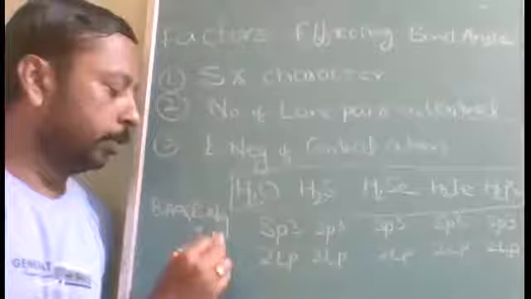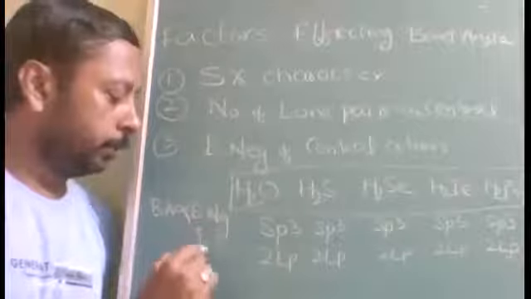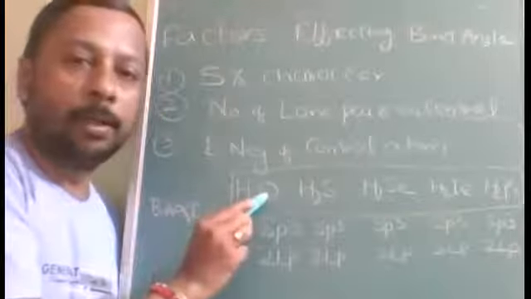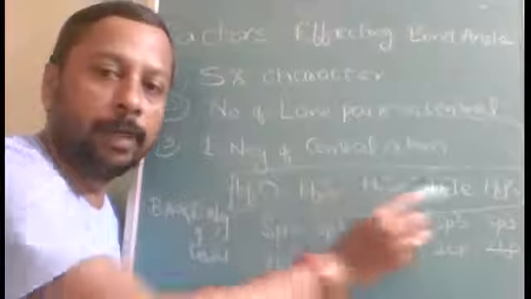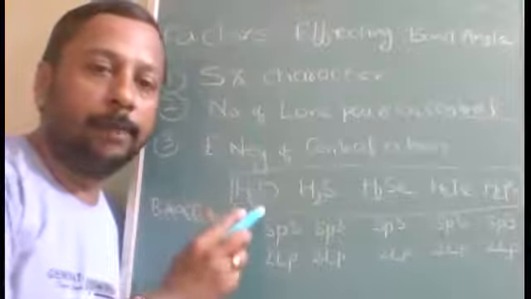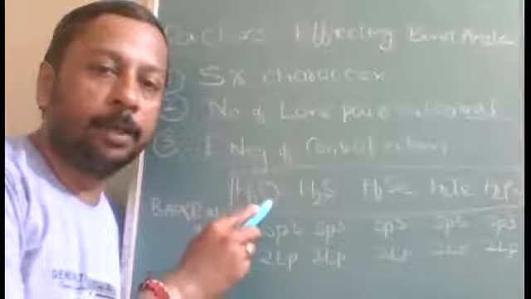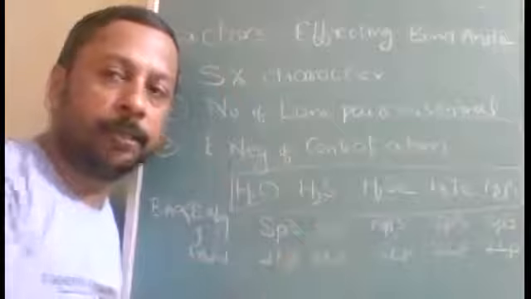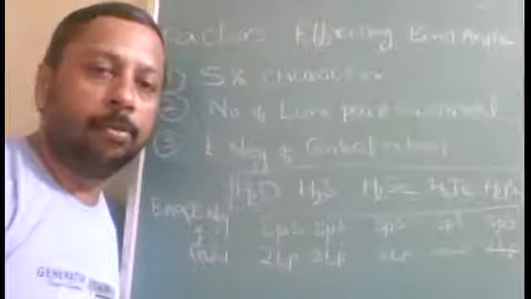Out of these, oxygen is more electronegative and polonium is less electronegative. Therefore, the bond angle will be highest, 105 degrees, and it keeps on decreasing and reaches somewhere around 90 degrees down the group.